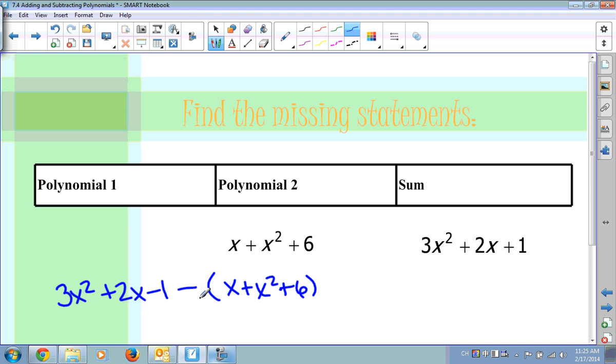I took the sum and I subtracted our second polynomial. So what am I going to do with my change of signs, right? So 3x squared plus 2x minus 1, and it's all going to become negative, isn't it? Minus x squared minus 6 when I distribute this negative.